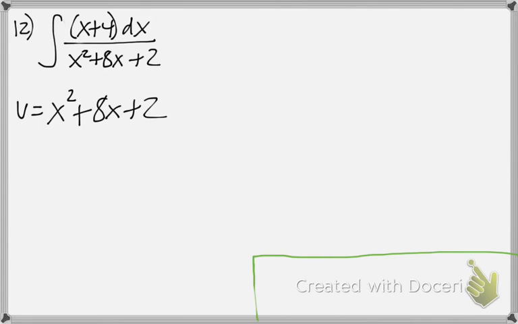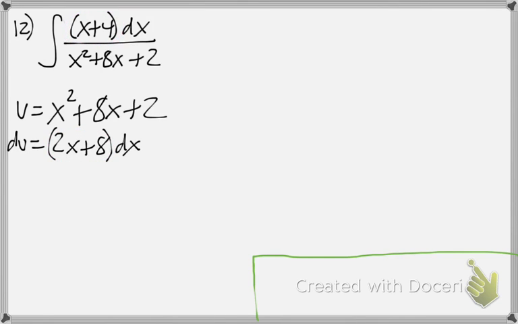Now, we do still have this x plus 4 up there that we do need to be concerned with, but let's keep going. So if I take the derivative, this is going to be 2x plus 8 dx, and somehow I need to get an x plus 4 here so that I can substitute it out.